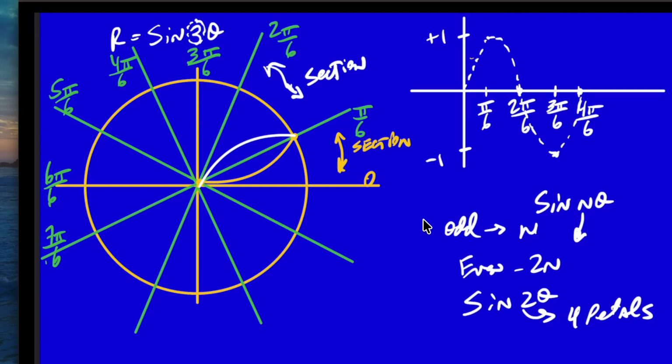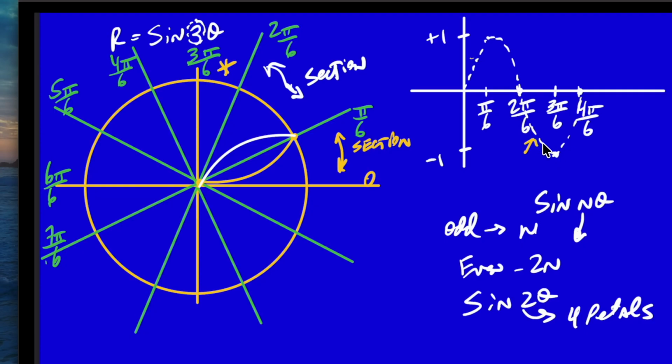Let's keep moving. Now this is very interesting. Now we are moving from 2 pi over 6 to 3 pi over 6. That's this section right there. And during that movement, the r value, which again is the same as the y value here, goes from 0 to -1. The issue is that we are below the x-axis during that period.